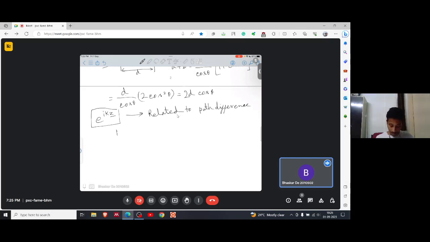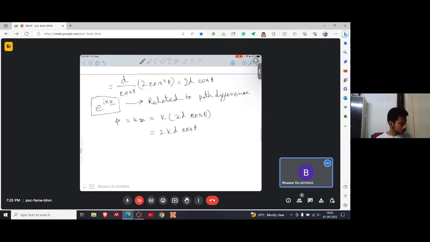So phi equals k z, k into 2D cos theta, so that will be 2kD cos theta.